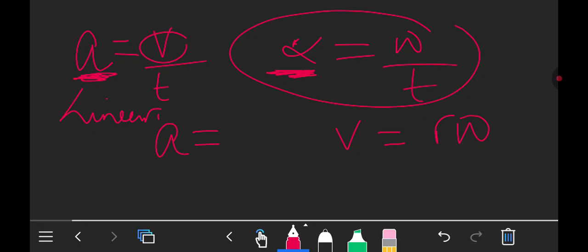So where there's velocity there, I can substitute this R omega, which is radius multiplied by angular velocity, everything over time.